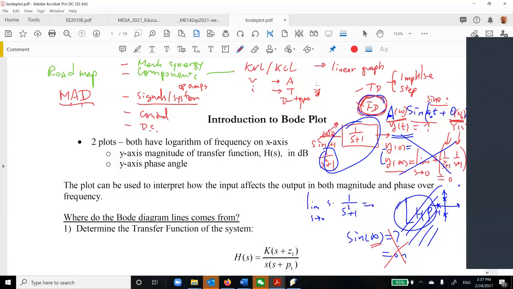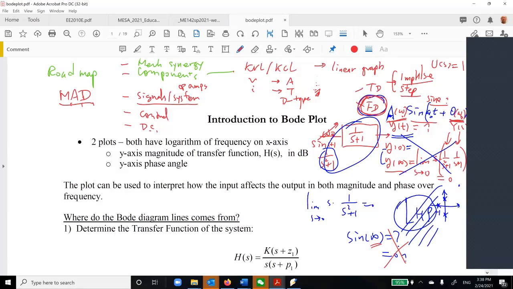We already know how to do step response or even impulse. For the impulse, the input U of s is 1, because the delta t impulse is 1. So I think everything started to connect all the dots.